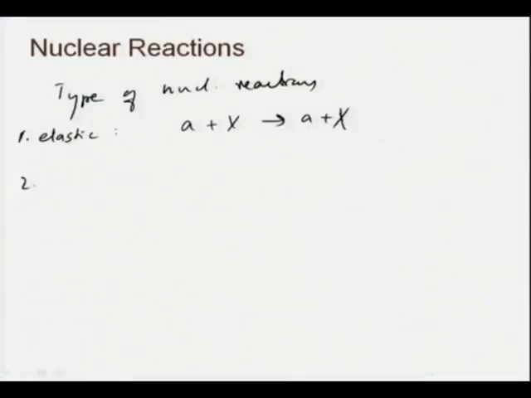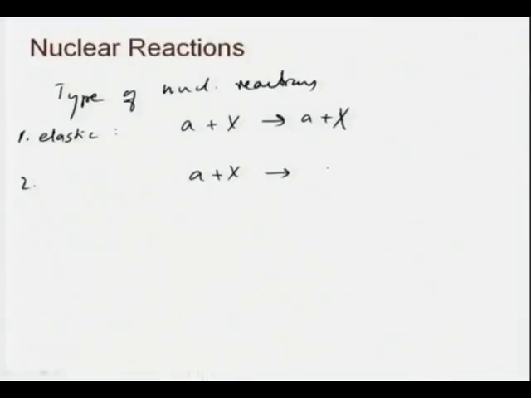But if the kinetic energy is much larger than that, then we can think about a situation where A plus X goes and interacts with the nucleons, resulting in some kind of production or realization of some kind of a compound nuclear state, which is not a stable one to actually stay there for a long time. Okay.